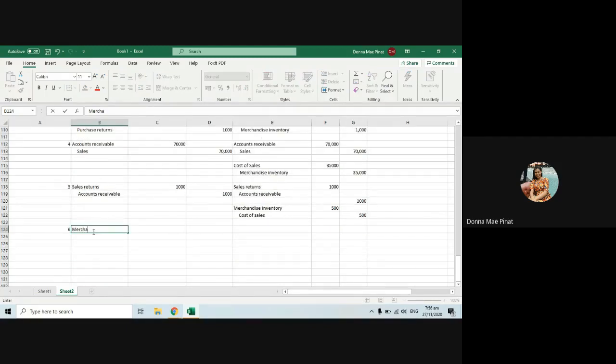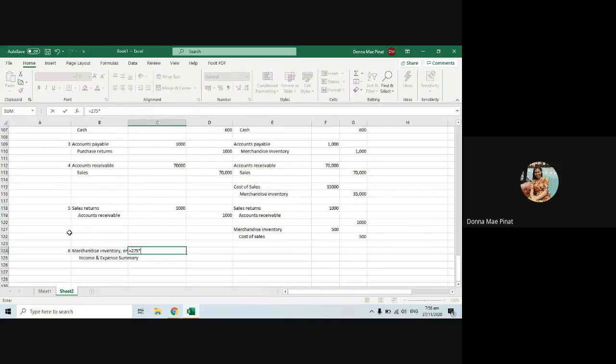Merchandise inventory and its partner is expense or income summary. That is 275 multiplied by the cost of 50, so you have 13,750.